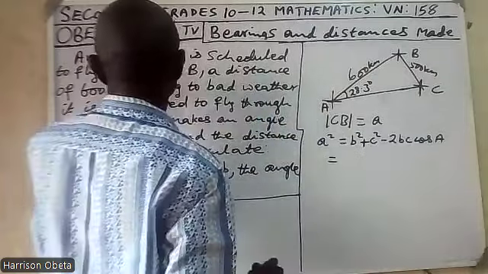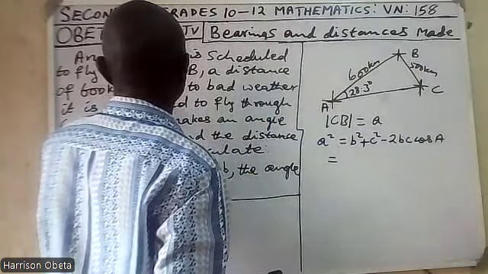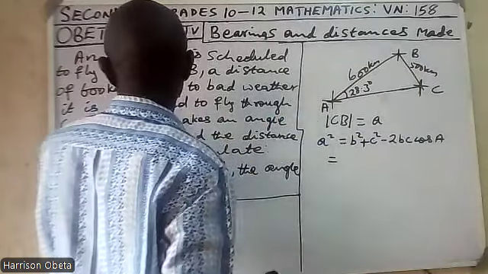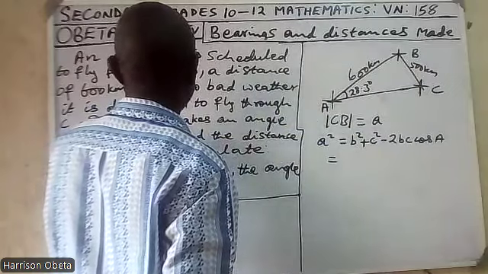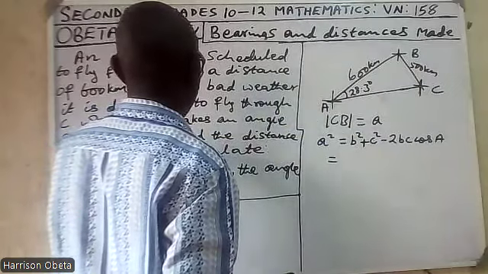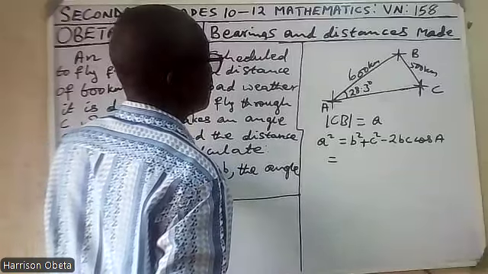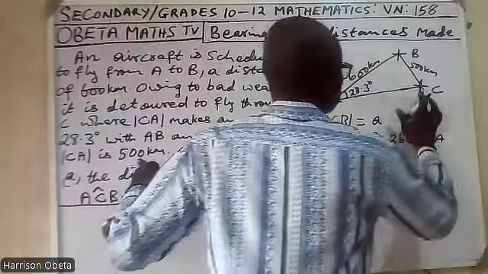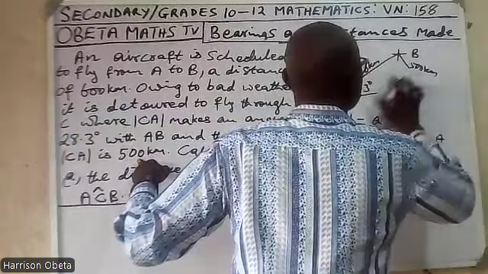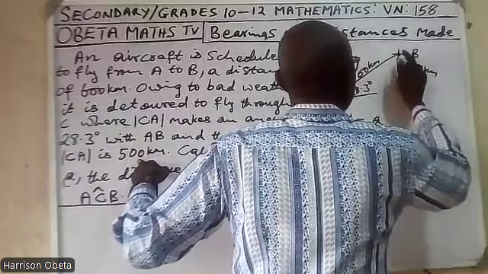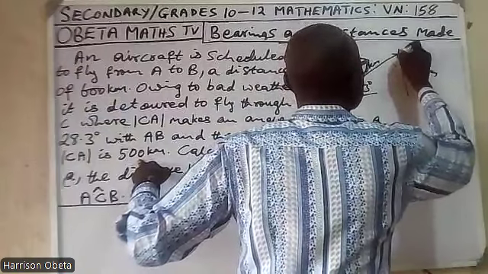An aircraft scheduled to fly from A to B, distance this. Okay. Owing to bad weather, it's fly through C, where CA makes an angle of this with AB, and a distance of CA is 500. CA 500. Okay, sorry. So that means we are to have something like this.